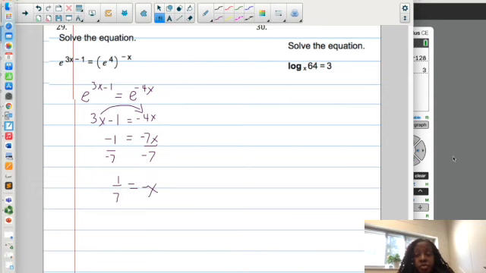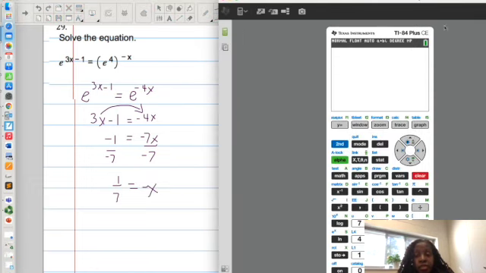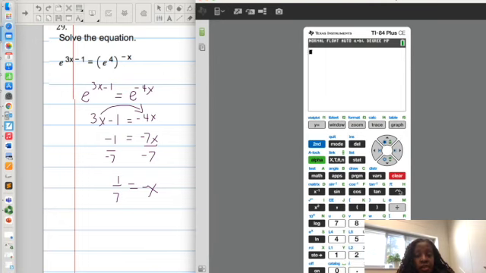Now, how do we check this? Look at that x. Let's put it in the calculator. Let's see what the calculator will give us. When we plug this in, we have second ln. That gives us an e to the 3 parentheses 1 divided by 7 minus 1. Gives us this value. Now let's do that again, but this time put the 4 in there.